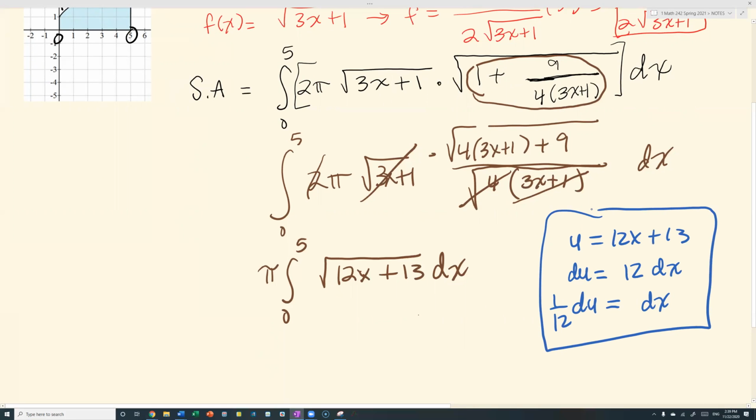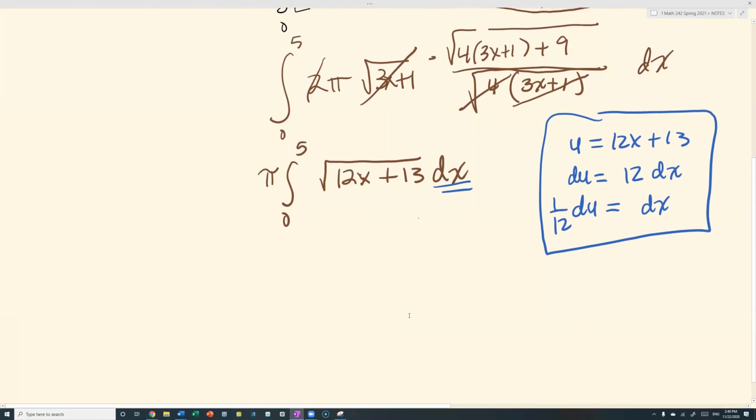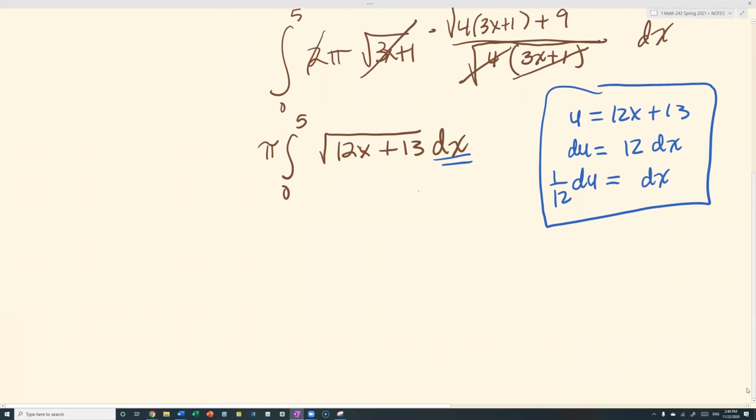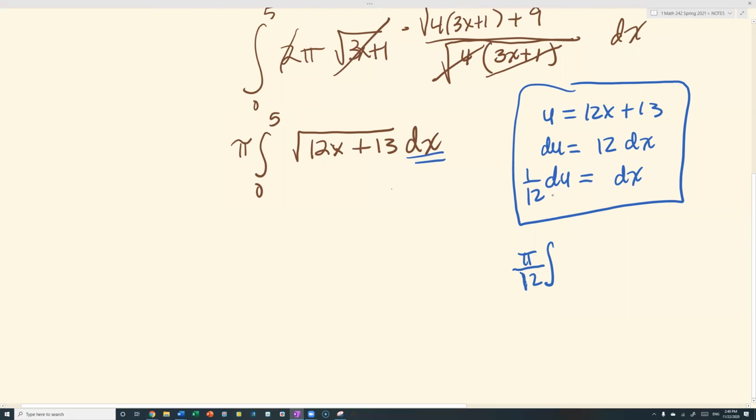So for that integral, I'm going to take pi over 12 outside, and that will just be the square root of u du.